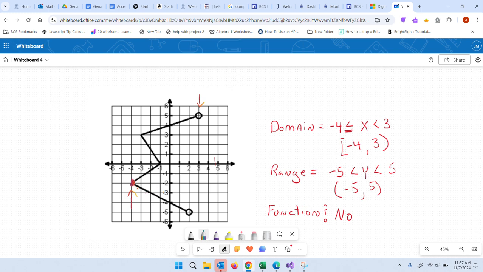And as far as y values, this goes all the way from -5 up to 5. Both of these are round circles, so they're not going to be inclusive. So down here, these are going to be less than signs instead of less than or equal signs. And these are going to be parentheses and not square brackets.